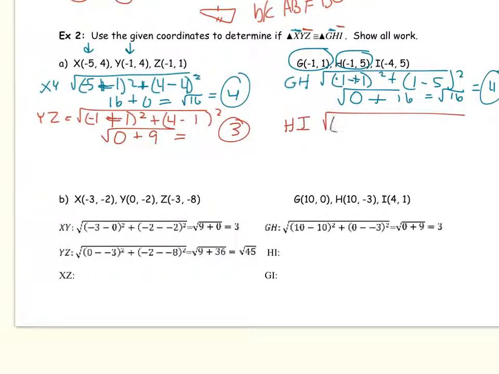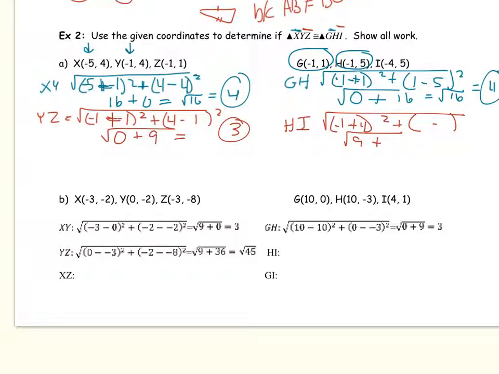And I do the distance formula. The x in H is -1, and the x in I is -4, so that becomes a positive, and two negatives are next to each other. And that would be -1 plus 4 is 3. 3 squared is 9.